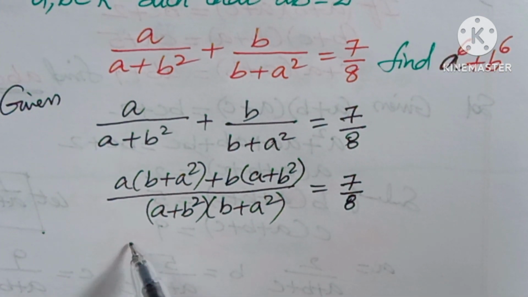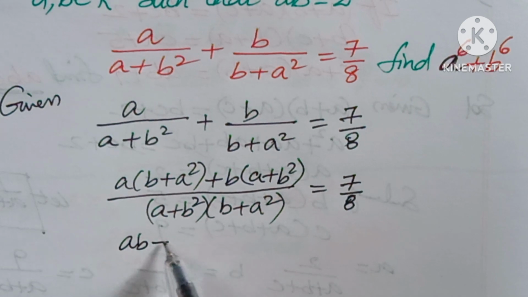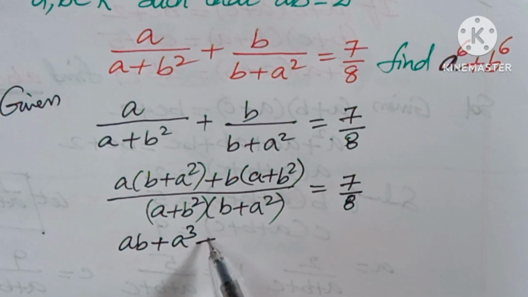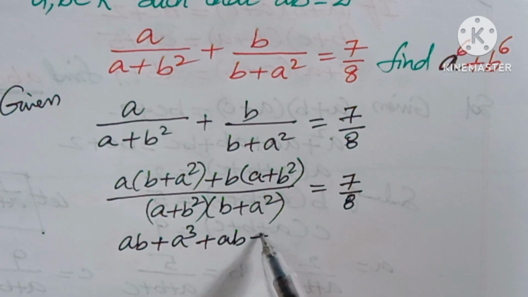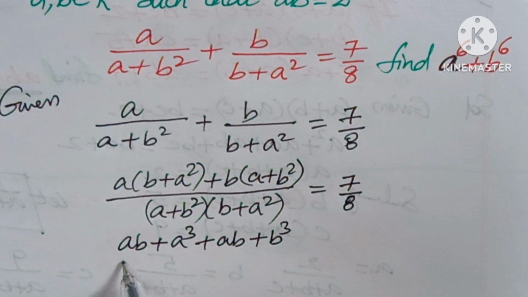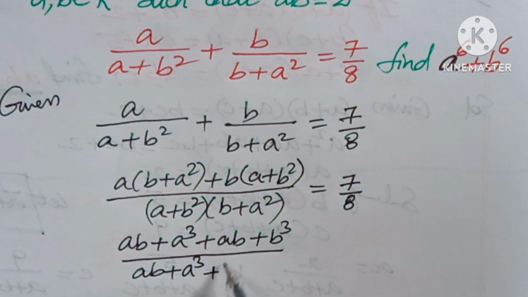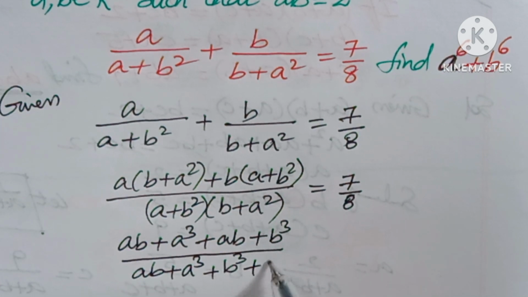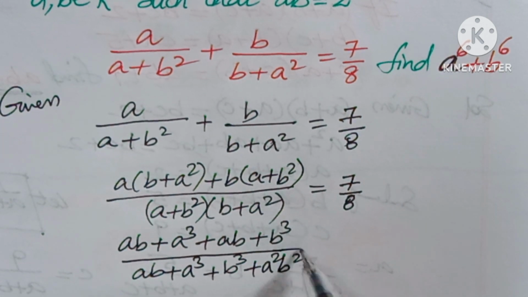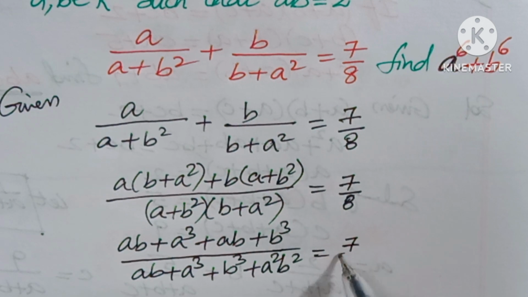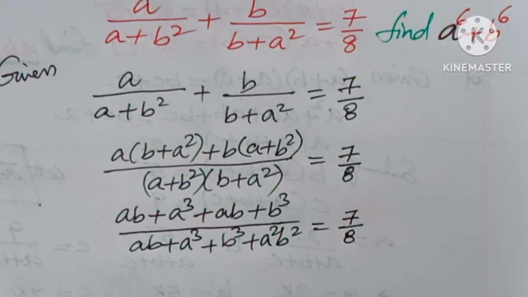Now if you multiply, ab plus a³ plus ab plus b³, and if you multiply in the denominator, you'll get ab plus a³ plus b³ plus a²b² is equal to 7/8.